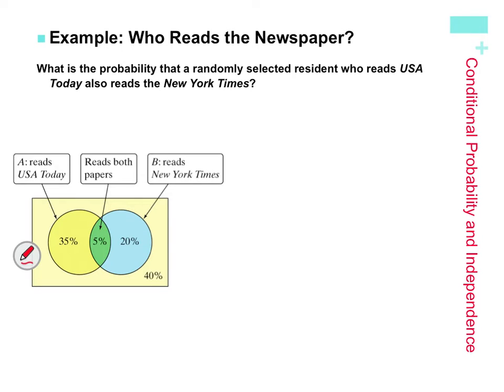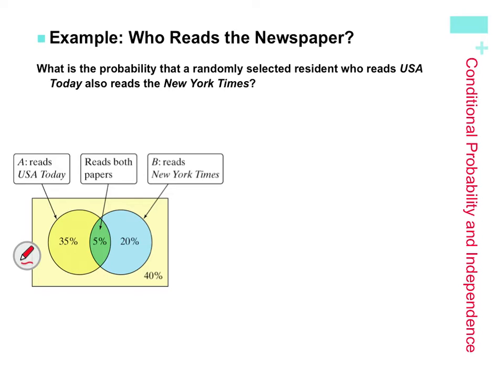Okay, so flip-flopping between examples here, back to the New York Times USA Today problem. What if I asked you for the probability that a randomly selected resident who reads USA Today will also read the New York Times?